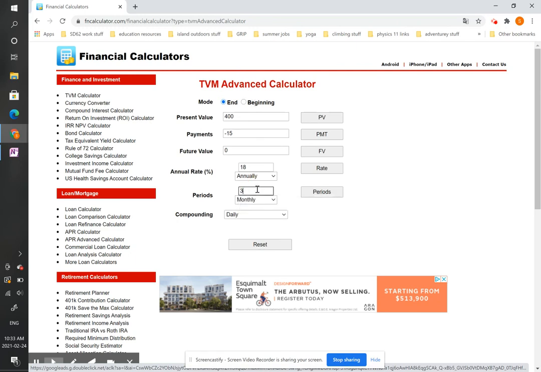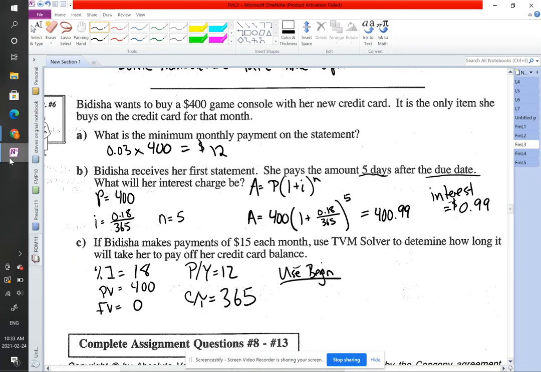And if we switch it to beginning, what do we get? 33.72. So they're both going to round to 34 months. It doesn't make a huge difference. So it will take Badisha 34 months to pay off.